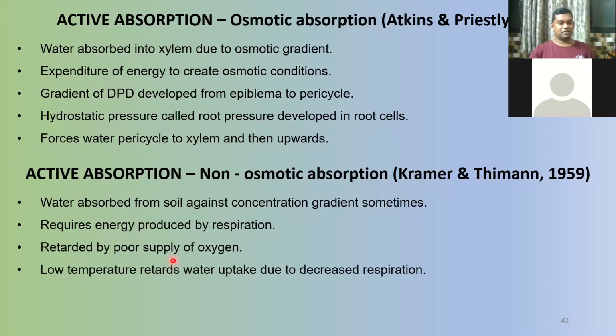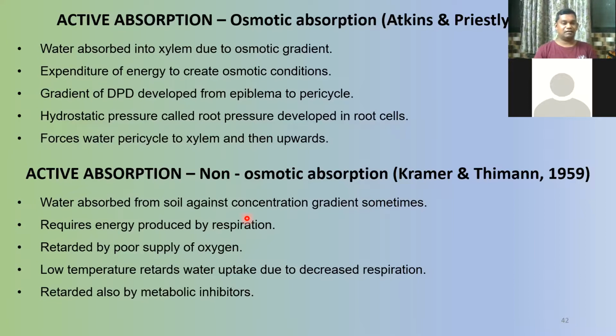Very easy. If temperature is low, again the absorption is retarded, because at low temperature the respiration also decreases. Temperature is an important factor for respiration. And there are also metabolic inhibitors present.